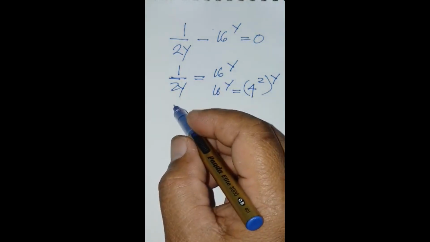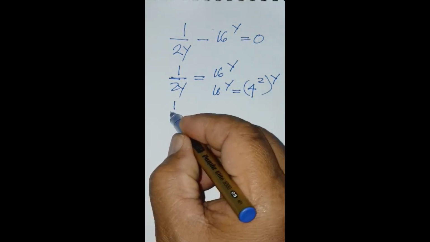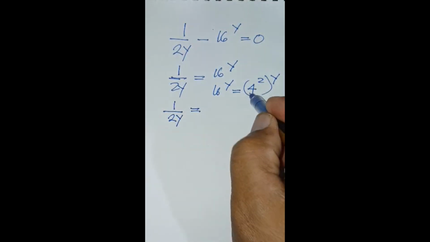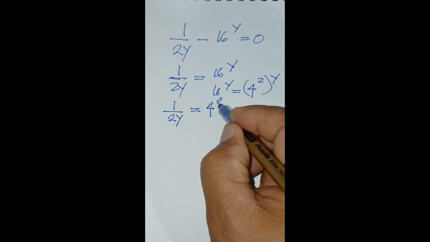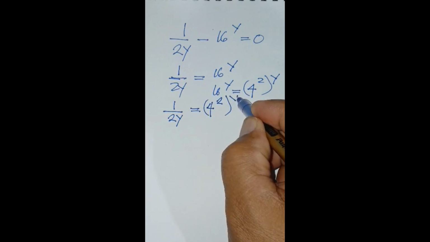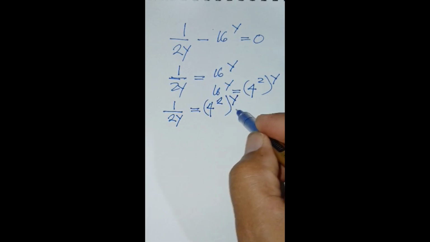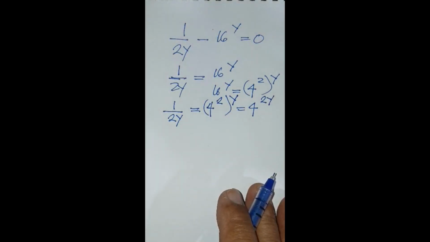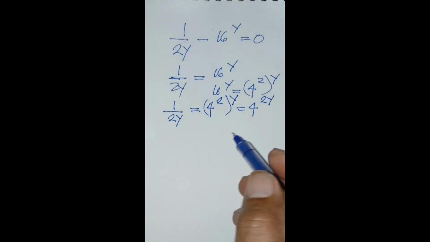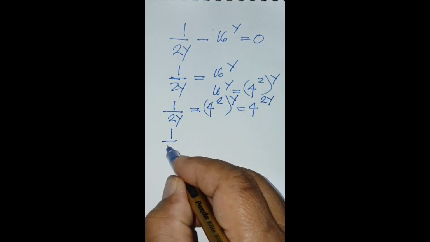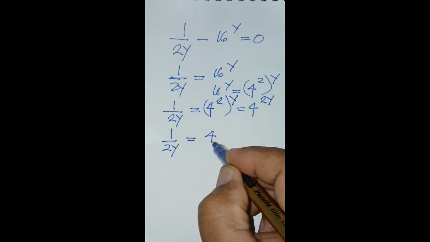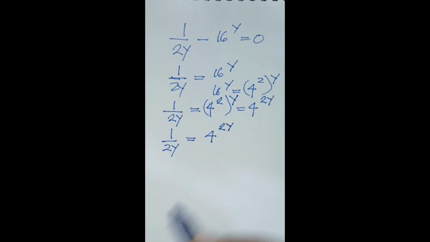So that our equation now becomes 1 over 2y is equal to 4 raised to 2, raised to y, or 4 raised to 2y. So we have 1 over 2y is equal to 4 raised to 2y.